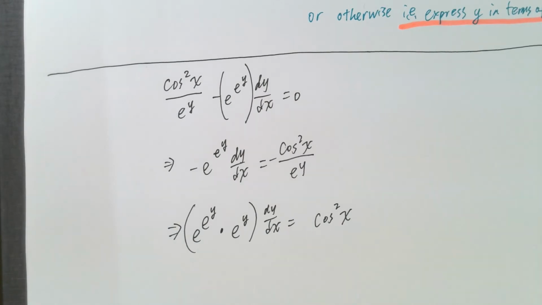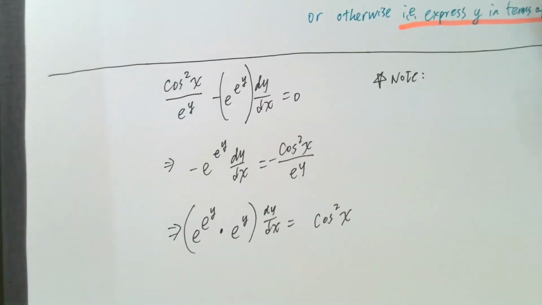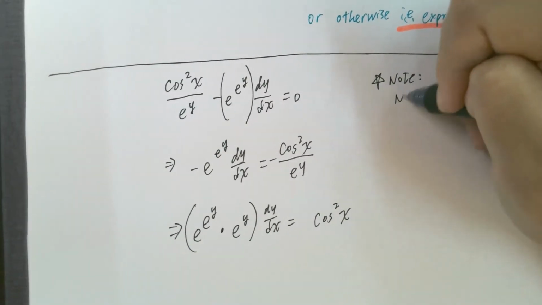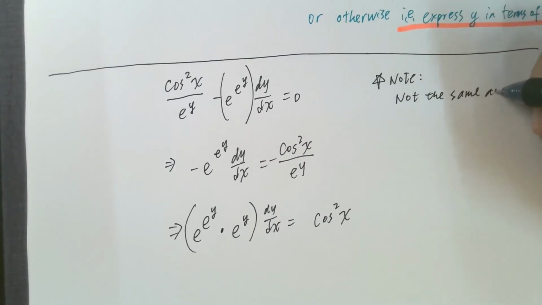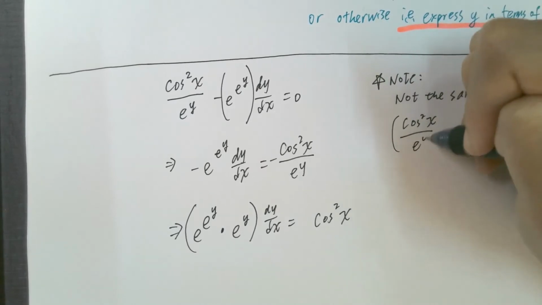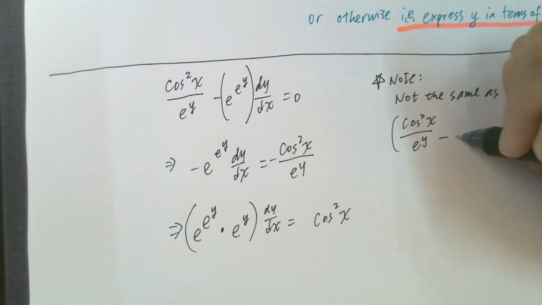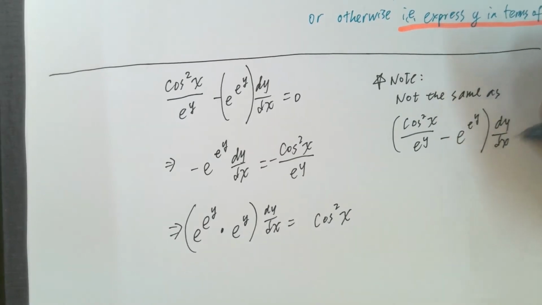So let me write the note here. Okay, so note: this is not the same as cosine square x e^y minus e^y dy dx equals 0.